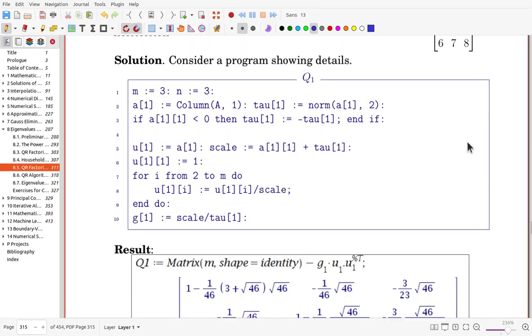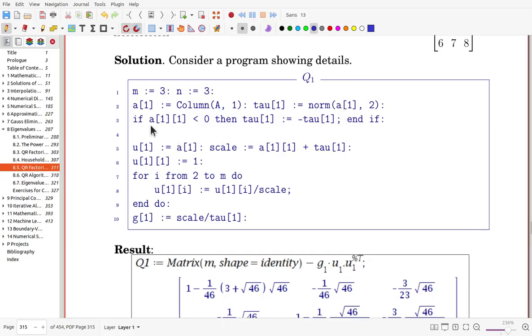For this one, we'll try to get Q1. We select from the matrix the first column, and tau 1 is made the positive first column length.